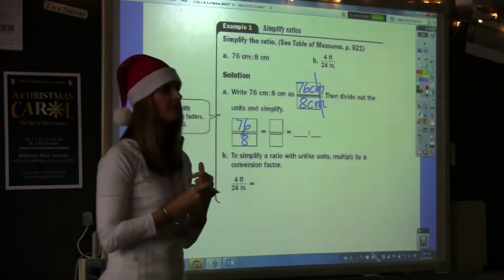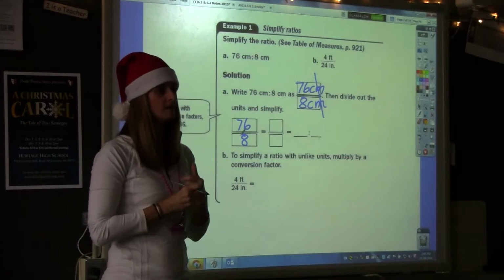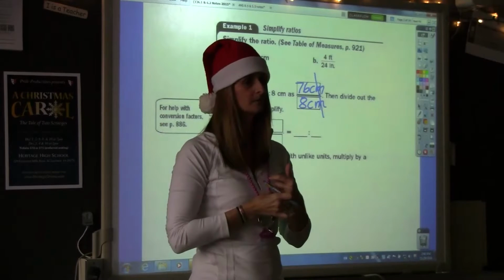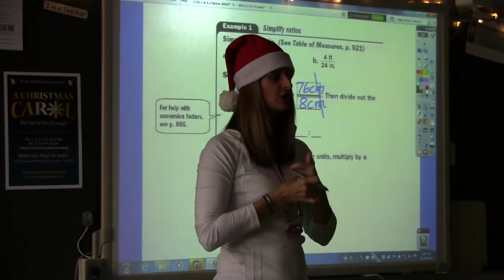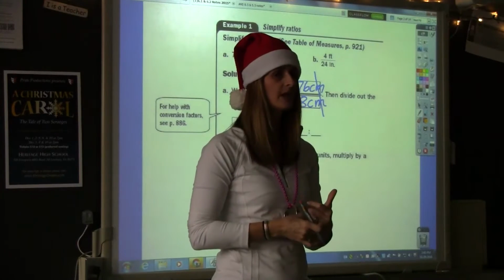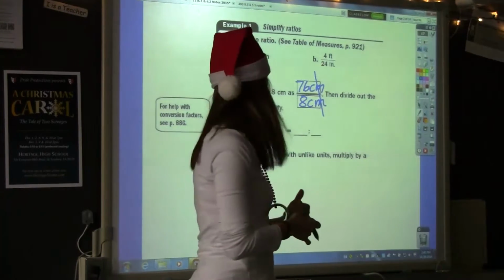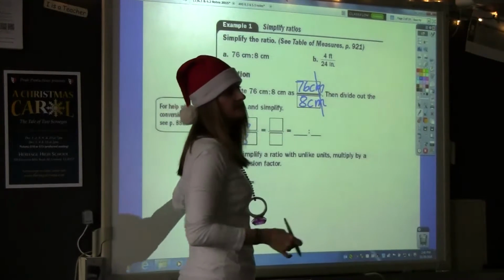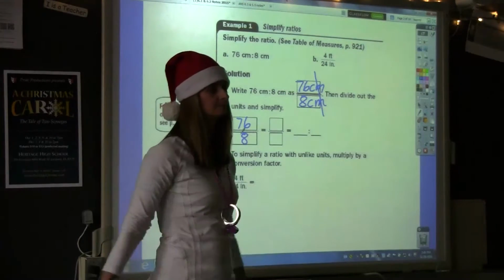And now let's simplify that fraction. Does everybody have a calculator? I need to make sure everyone knows how to use MathFrac on the calculator. 76 divided by 8, MathFrac.